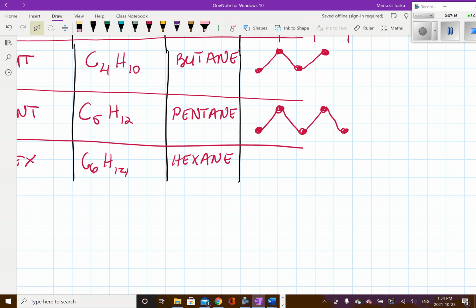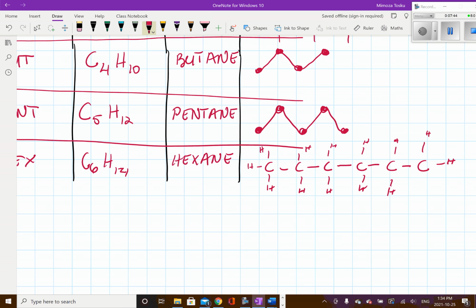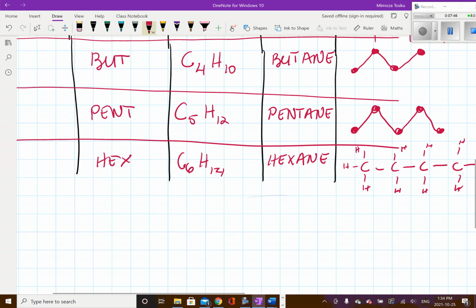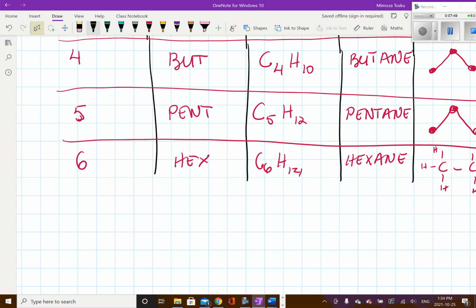The structure is C, and then H, 2, 3, 4, 5, and 6. Okay, now let's move to 7, 8, and so on.